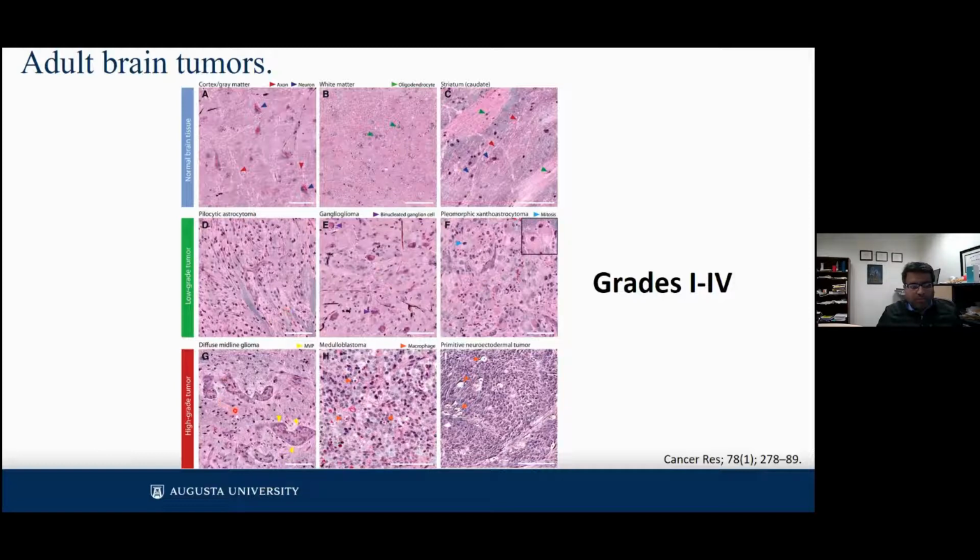And on the high grades, you have the diffuse midline gliomas, the medulloblastomas, and primitive neuroectodermal tumors, which would come under the high-grade category. So this, again, was a gold standard way of not only diagnosing adult brain tumors, but also for prognosis and therapy selection. Low grades, better prognosis; high grades, worse prognosis.